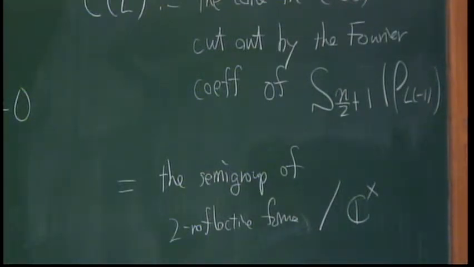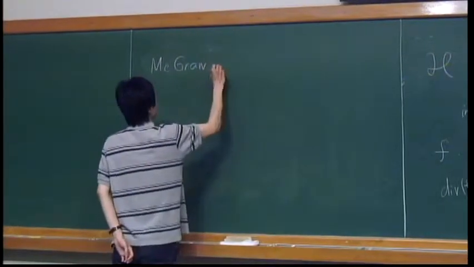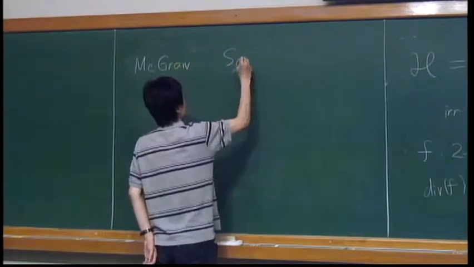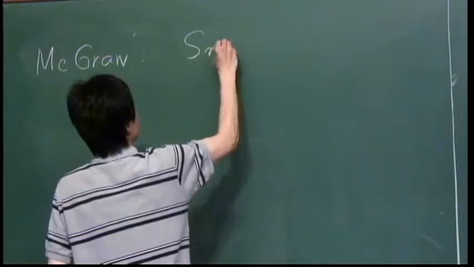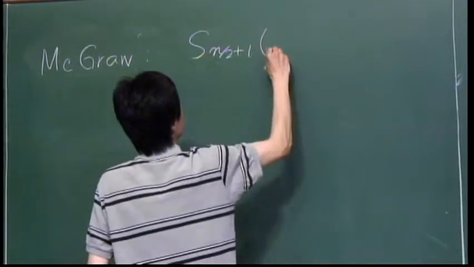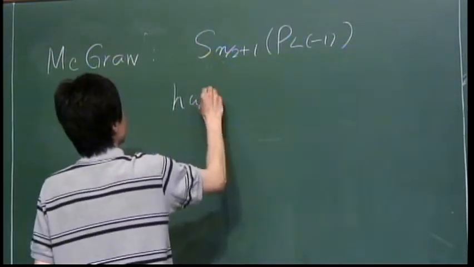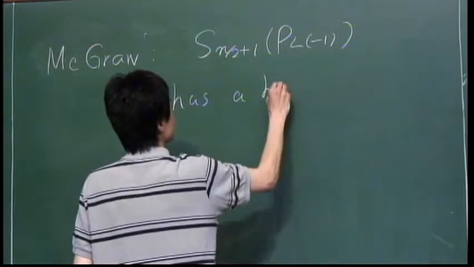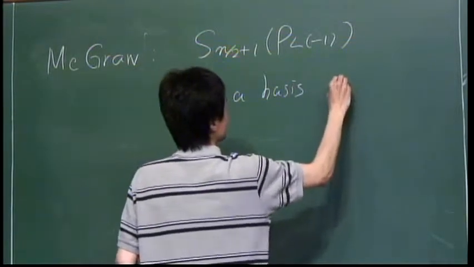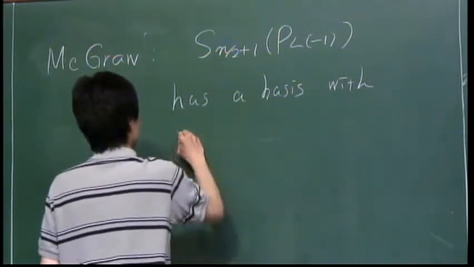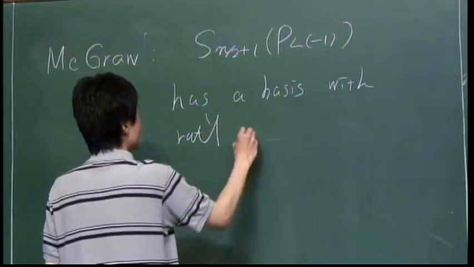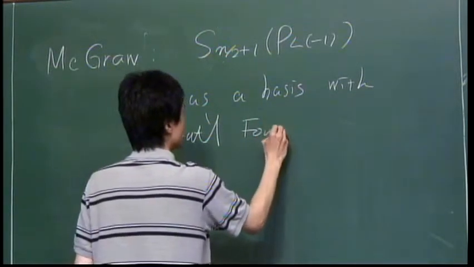Now there is a result of McGraw that this space of cusp forms has a basis with rational Fourier coefficients.